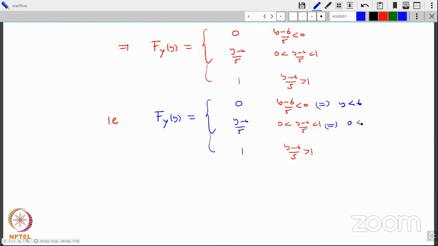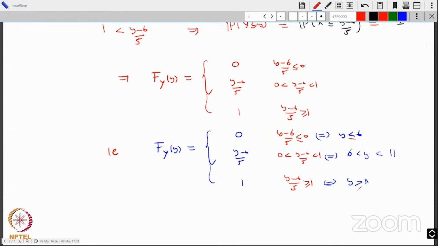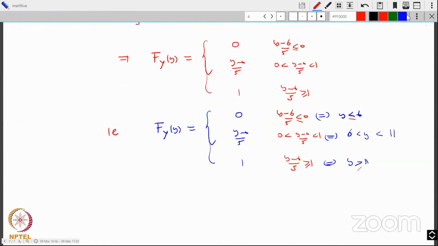Yeah, that's right. I get 6 less than y less than 11. And on this side, I just get y bigger than 11. Since I'm in a continuous setting, I can put inequalities where I want. Very good. So that's how the distribution function of Y looks.